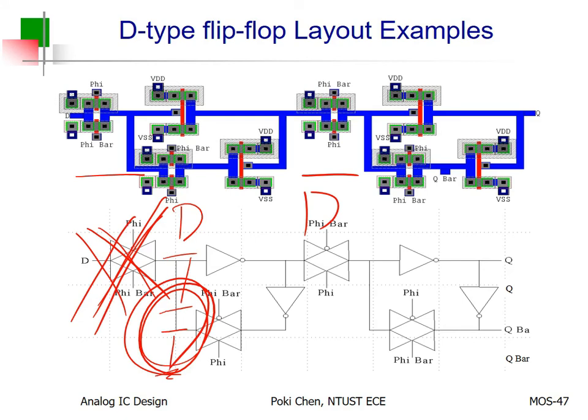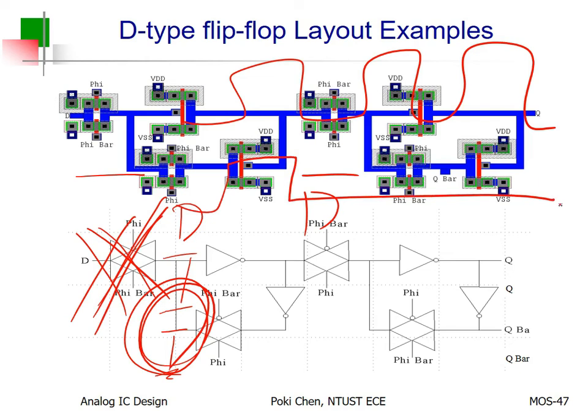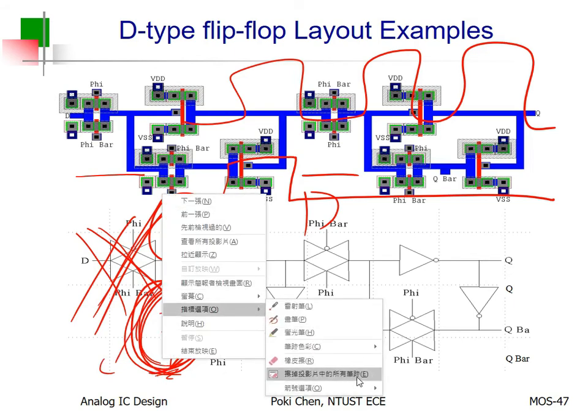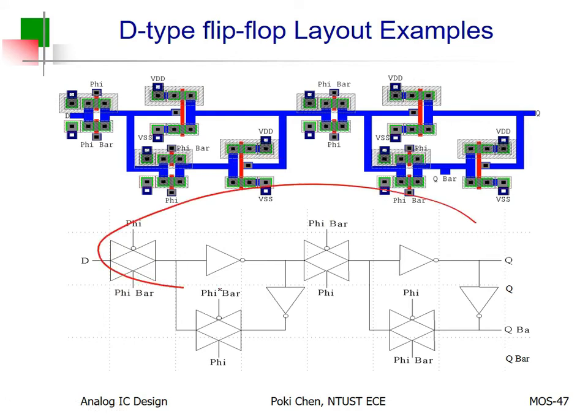So after some time, if you don't apply your clock, high then low, the information stored here cannot last forever. 存在这个杂散电容上面的资讯不能撑太久 because everything is leaking. 它们会漏电. So we call it a dynamic D flip-flop. You need to operate at high enough speed to keep the information temporarily held here correct.